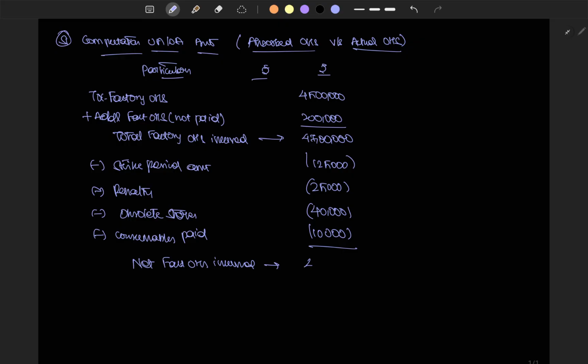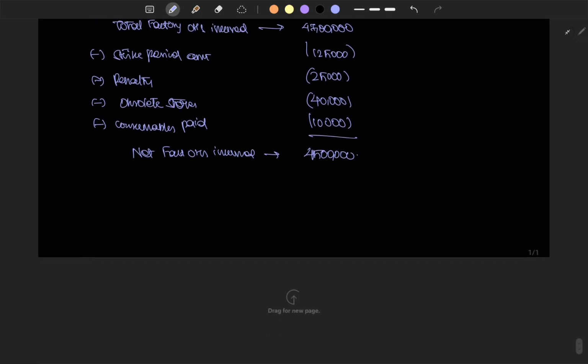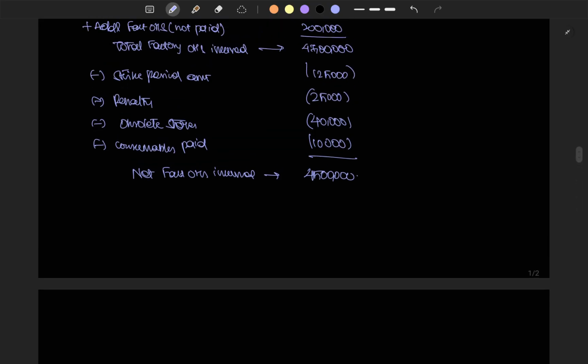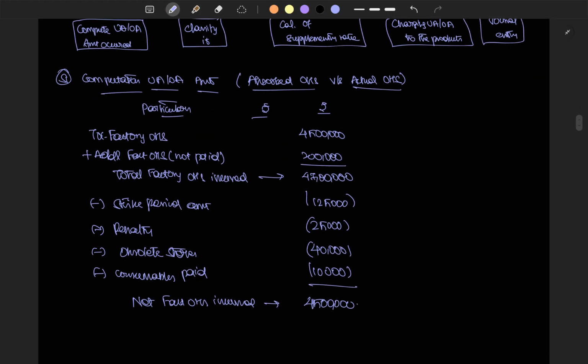Okay, so our net factory overheads incurred is 45 lakhs. So we have got the first part, which is actual overheads.